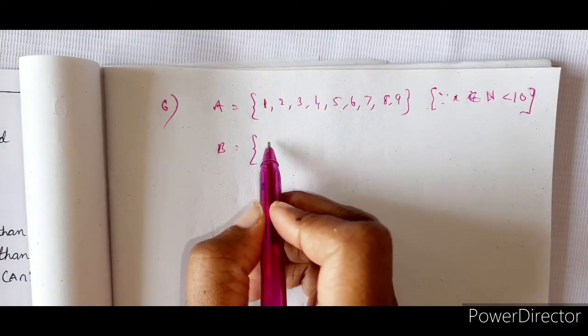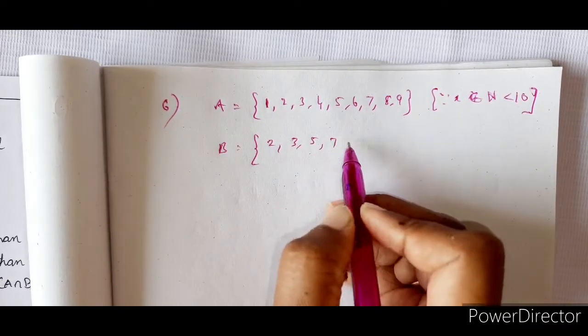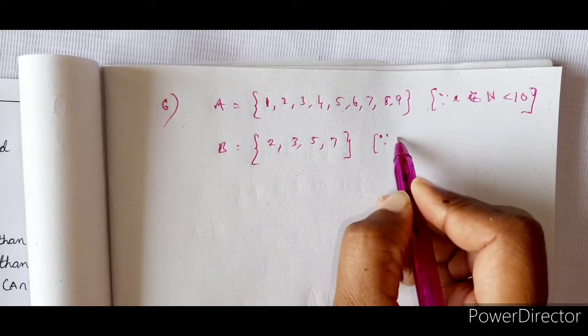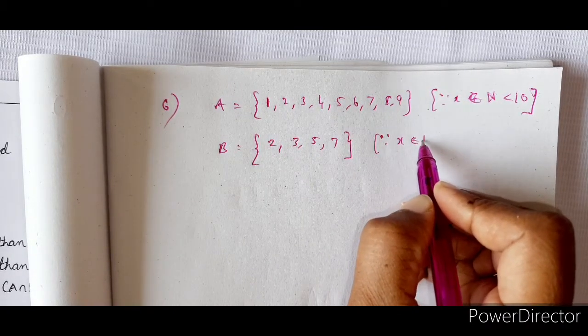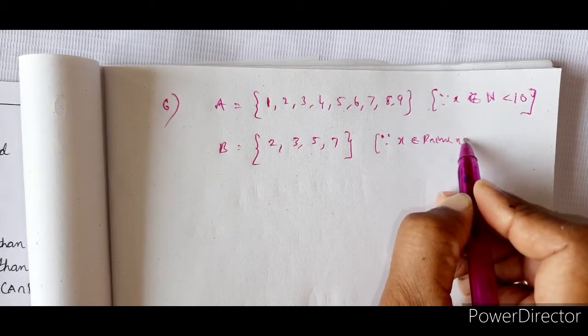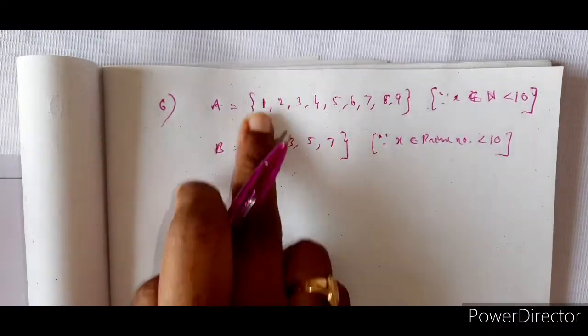Prime numbers less than 10. 2 is a prime number, 3 is a prime number, 5 is a prime number, 7 is a prime number. So, since X belongs to prime numbers less than 10. Right? So you got A and B.